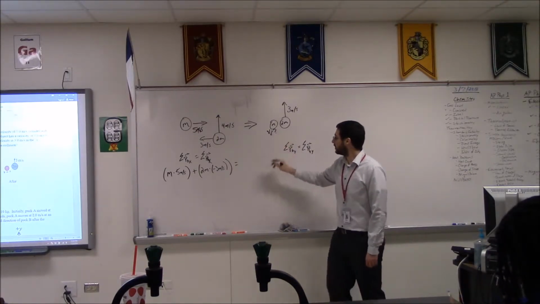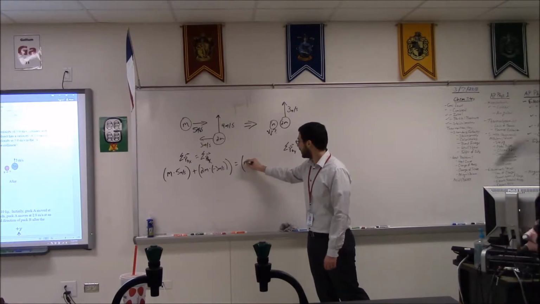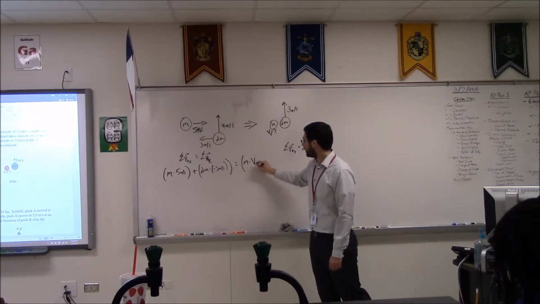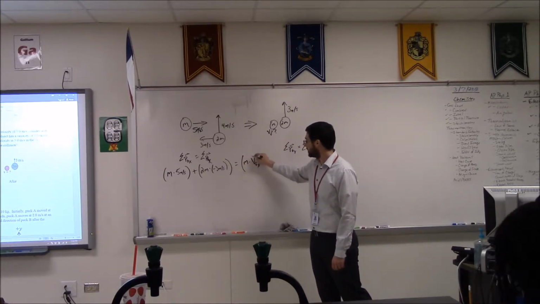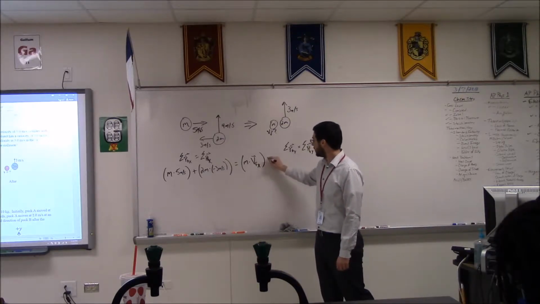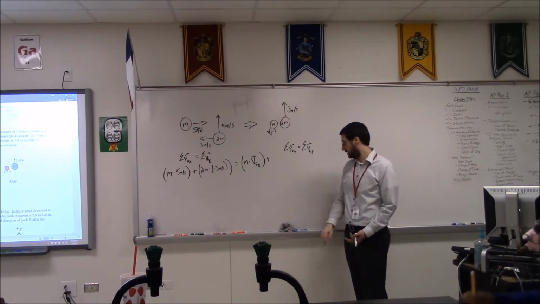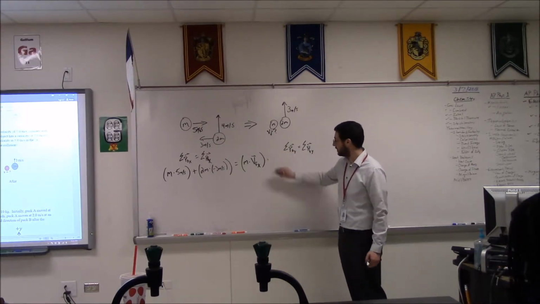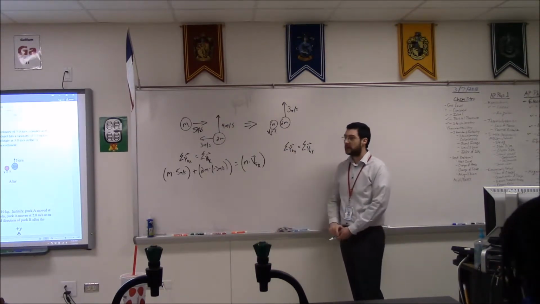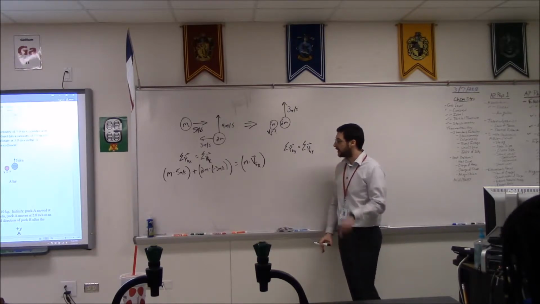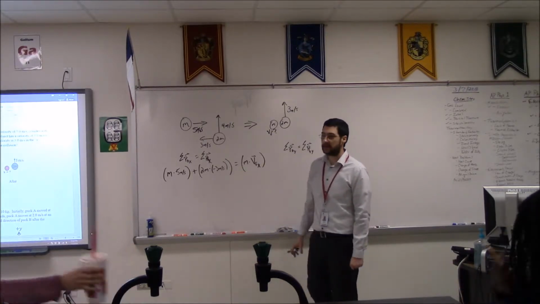M times final velocity in the x-axis plus, what would we say for this one? 0, right? So I'll just leave that off. Okay? Now let's see if we can simplify this left-hand side a little bit, right?